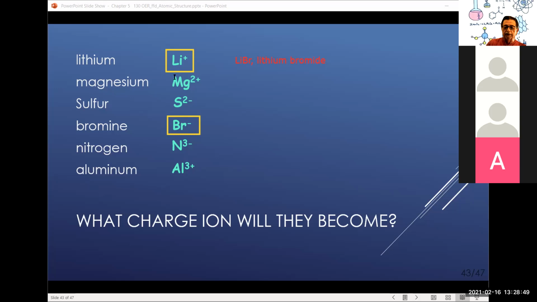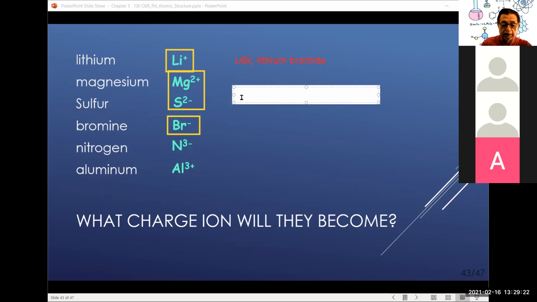Let me change the color here. Let's take magnesium and the sulfide. Now notice magnesium ion, the cation, has a +2, and the sulfide ion has a -2. So I can simply put those two together because the +2 of the magnesium ion is canceled out by the -2 of the sulfide. So its formula would simply be one magnesium and one sulfur written together like that, MgS.